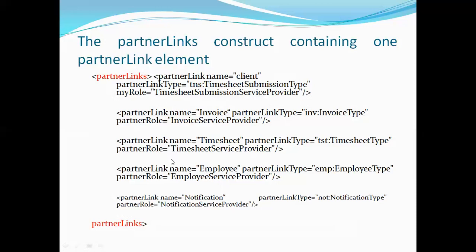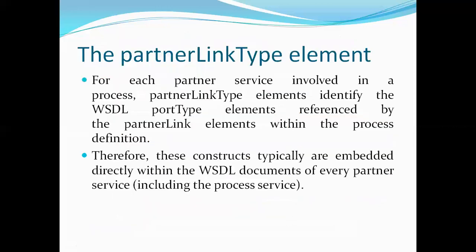Different partner link elements are considered here in the timesheet submission process. The next element is the partner link type. So partner link name and partner link type are the sub elements of this partner link element.